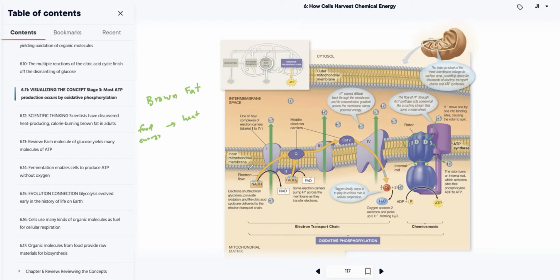Okay. What does this have to do with mitochondria? Well, I'll tell you, right? Because if we were to take this portion here, remember, this is the discharging.